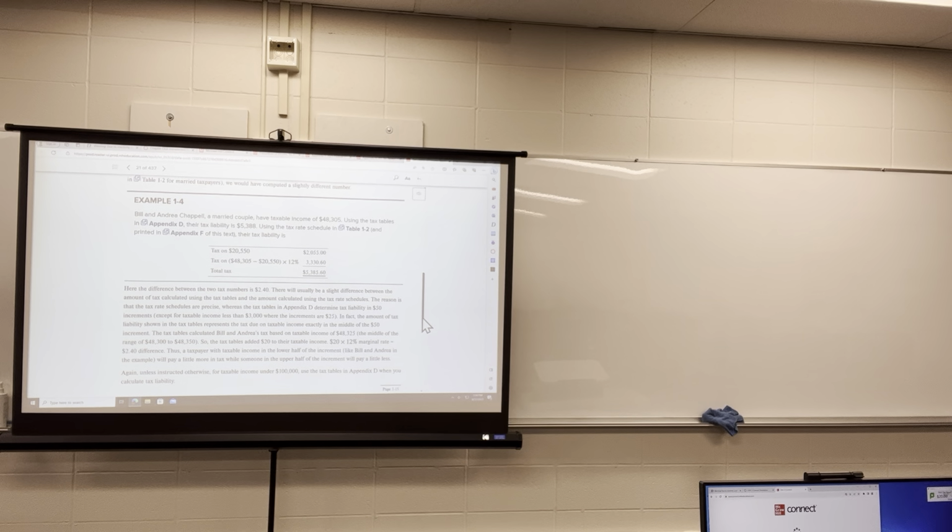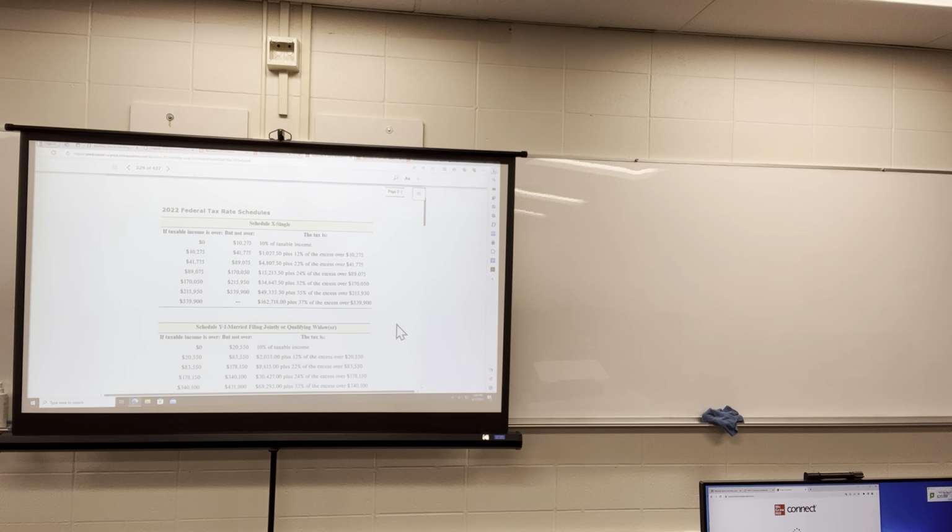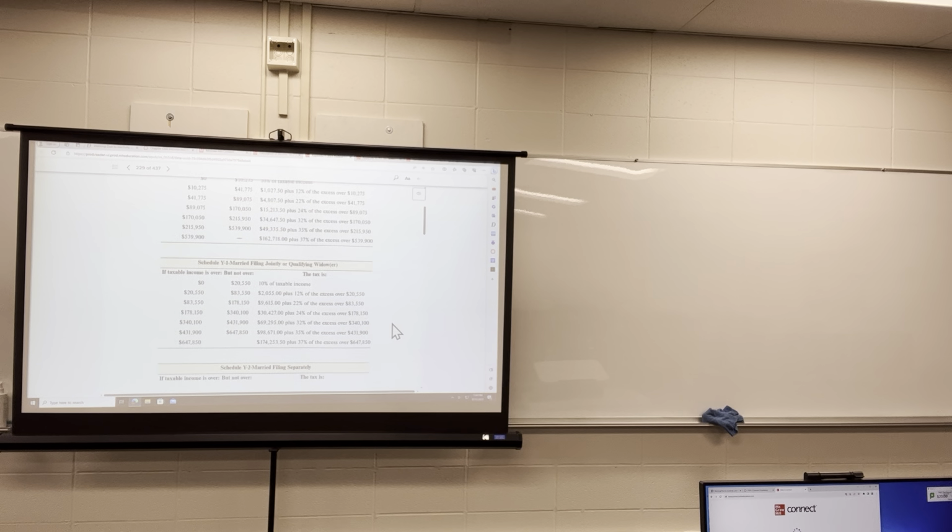Now they want us to do the calculation on that taxable income. So $53.88 for the first part. Now we need to look at Appendix F. So $48,305. And we've got to find the right chart here, and it's the second one. Right? Married, filing jointly.